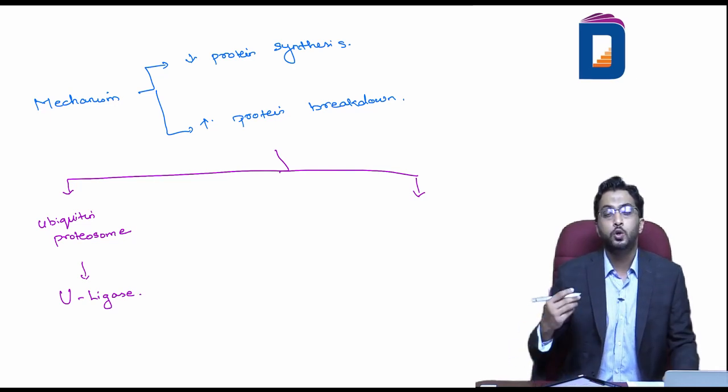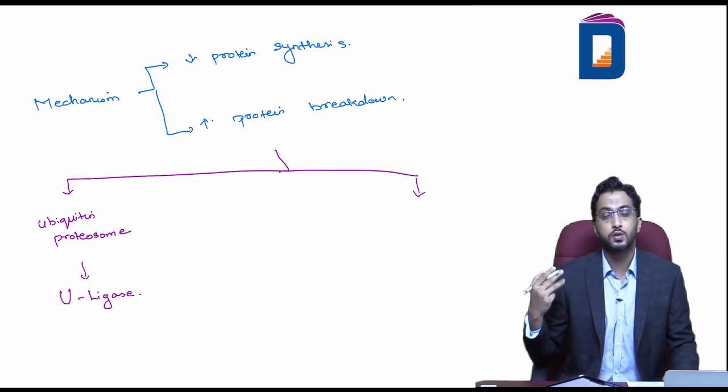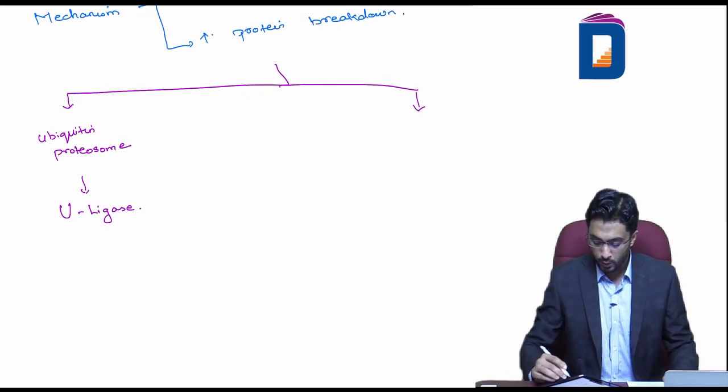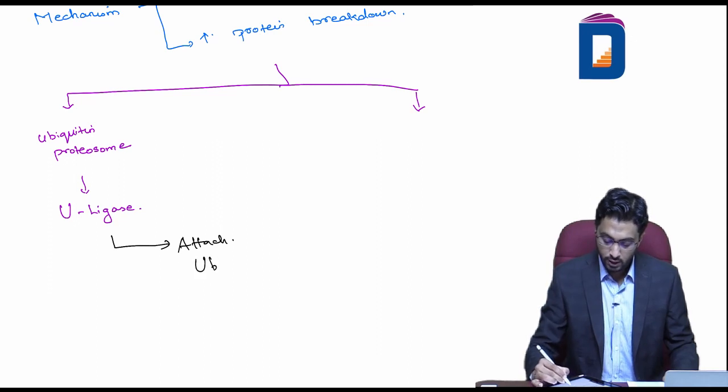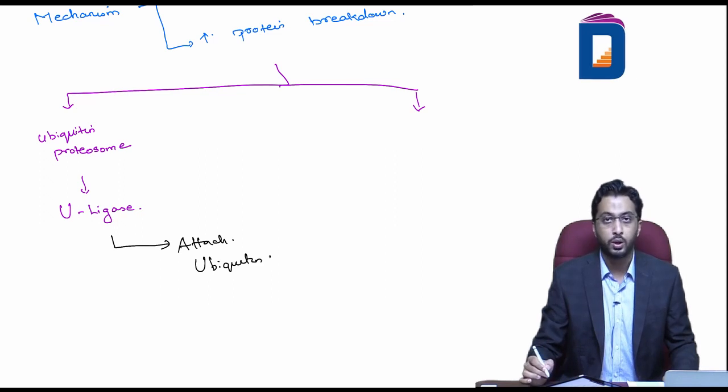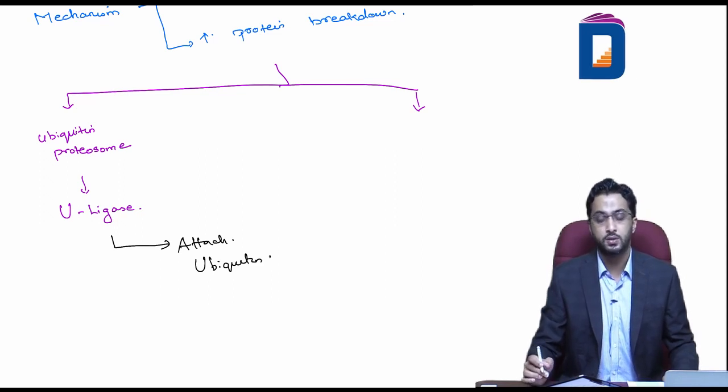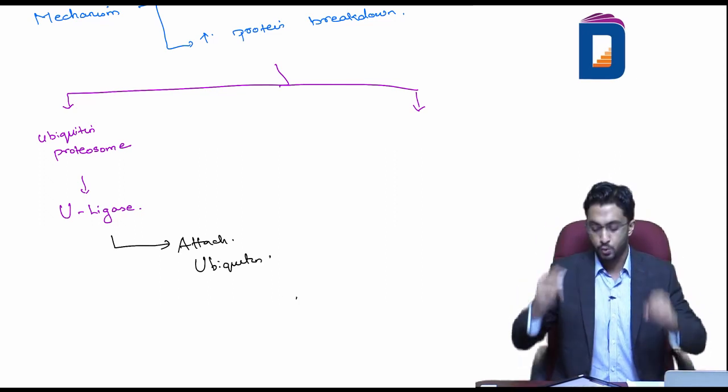What this ubiquitin ligase does is, if there is nutritional deficiency, disuse, or loss of function, it will go and attach ubiquitin to various proteins.